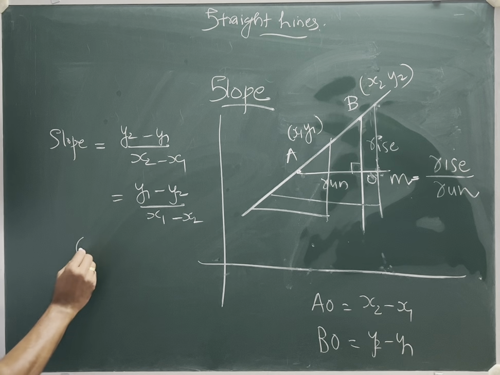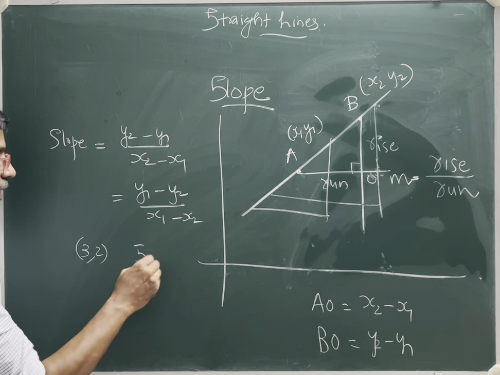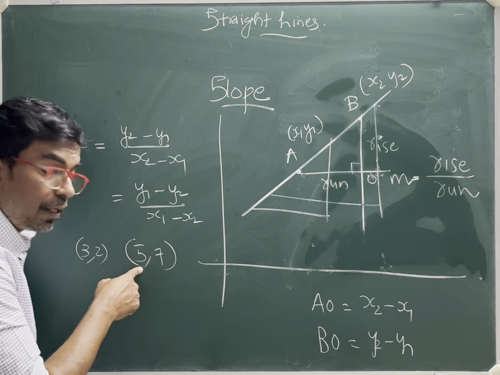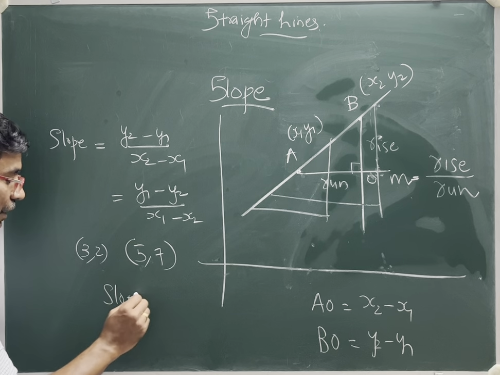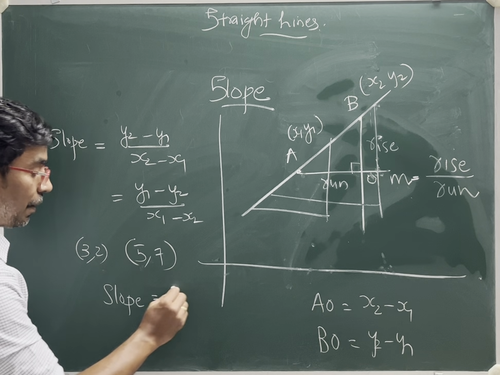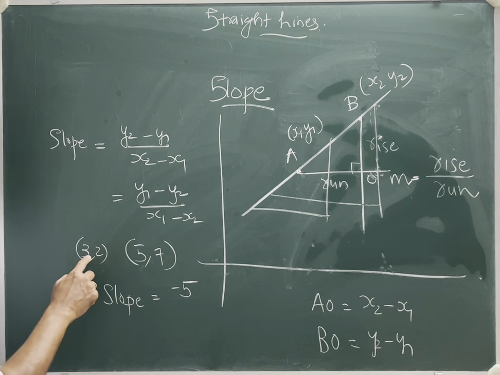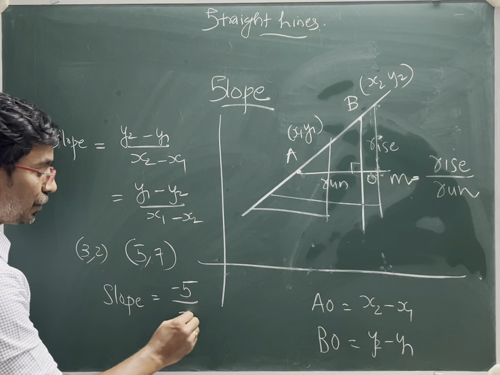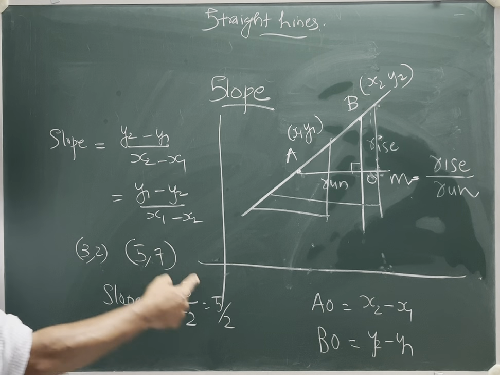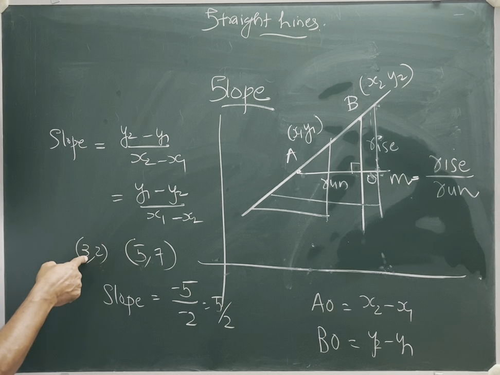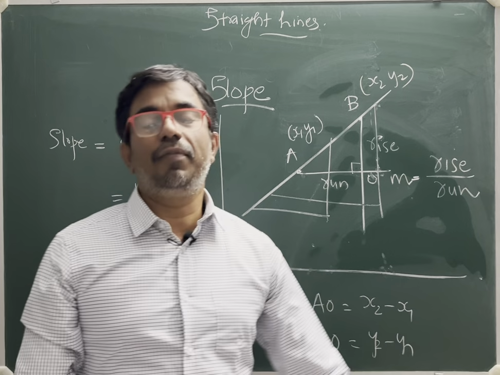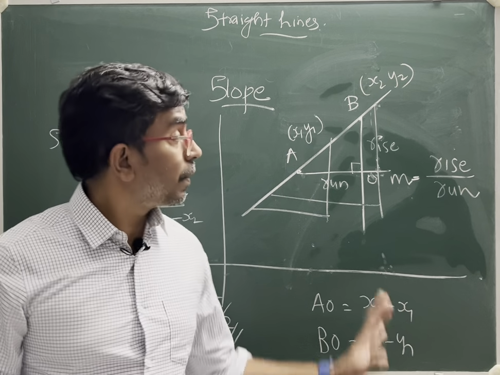For example, if a line contains the points (3, 2) and (5, 7), and you ask me the slope, you subtract the y coordinates: 2 minus 7, that is minus 5, and 3 minus 5 is minus 2, so 5 by 2. You can do it the other way also: 7 minus 2 is 5, 5 minus 3 is 2. So 5 by 2 is the slope. This is how we find the slope of a line.